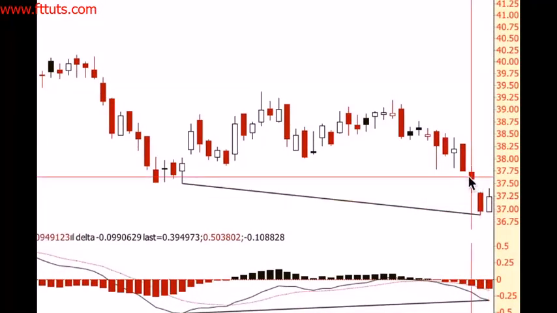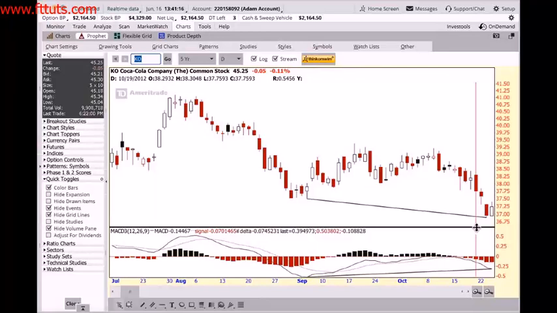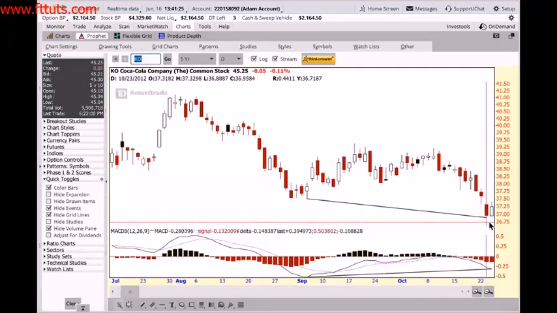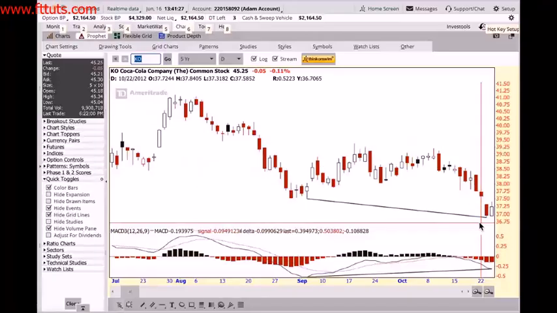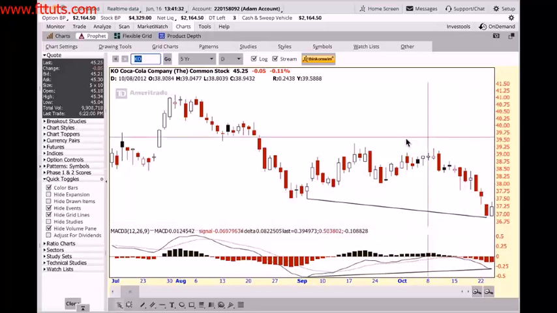But like I said, I like to see some kind of bullish candlestick pattern in addition to the divergence to give me more confidence to enter the trade. In this case, I do not have a bullish candlestick pattern like a bullish pin bar or a bullish engulfing pattern. So I'm going to give this a miss.